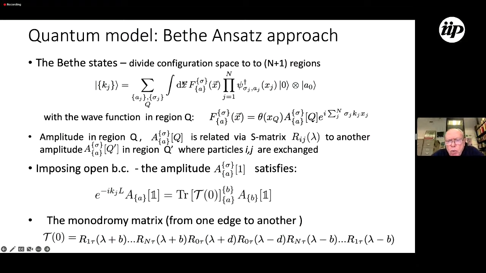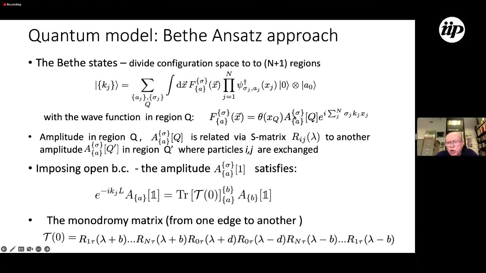So the way we construct this wave function is we divide configuration space into n factorial regions. Within each region, there is no interaction because the particles are not on top of each other. They interact only when they cross. So within these regions, they are free particles, and we can write down plane wave solutions with arbitrary coefficients.